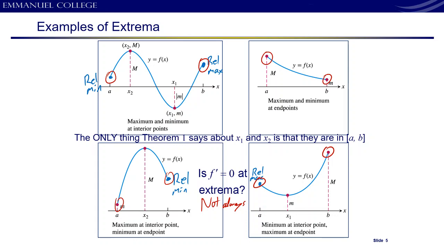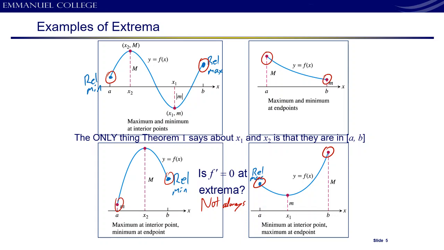You could have a case where the endpoint has a derivative equal to 0. Like maybe for this equation, if you started it here at x1 and made the interval from x1 to b, yeah. But notice the derivative being 0 mainly applies to the interior of the functions.